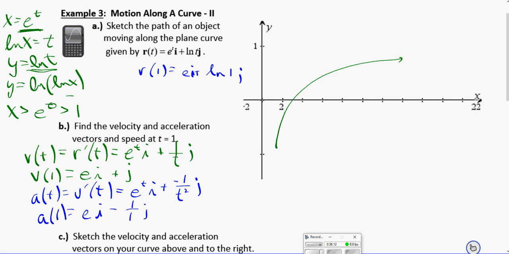So it's e comma 0 is the position, and yeah, something like that. That's close. So the velocity vector is e in the horizontal and 1 in the vertical. So that would be this vector here in standard position, but I'm going to go ahead and put it on the curve.